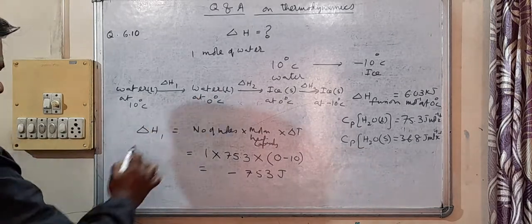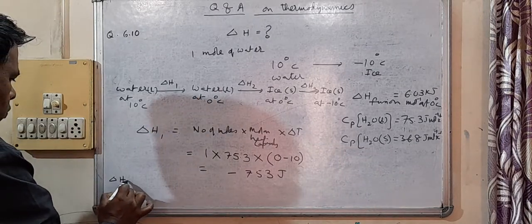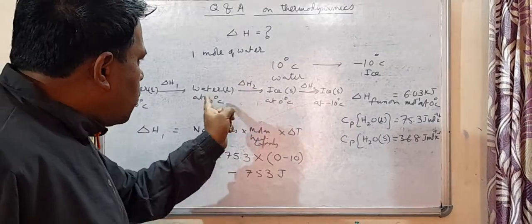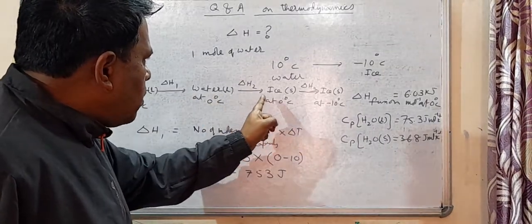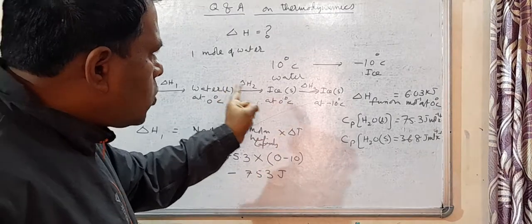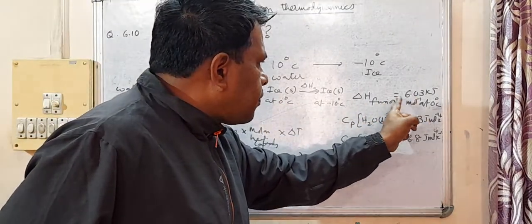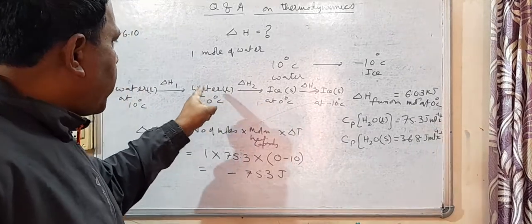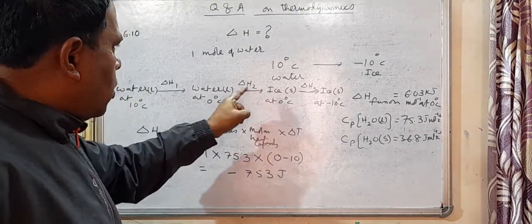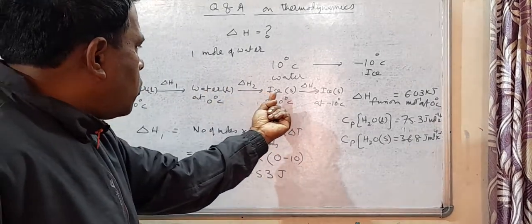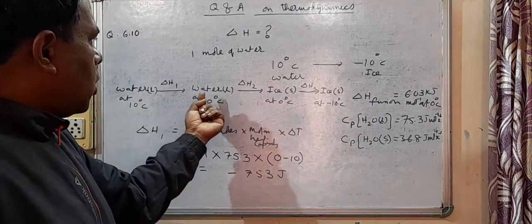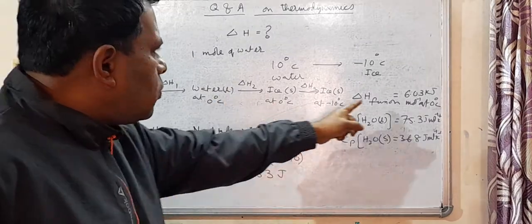Now for the next step, delta H2. Here you see, the temperature is remaining the same. So we have to use the fusion quantity. Fusion is taking place here, going from ice to water. So we have to take this value here.